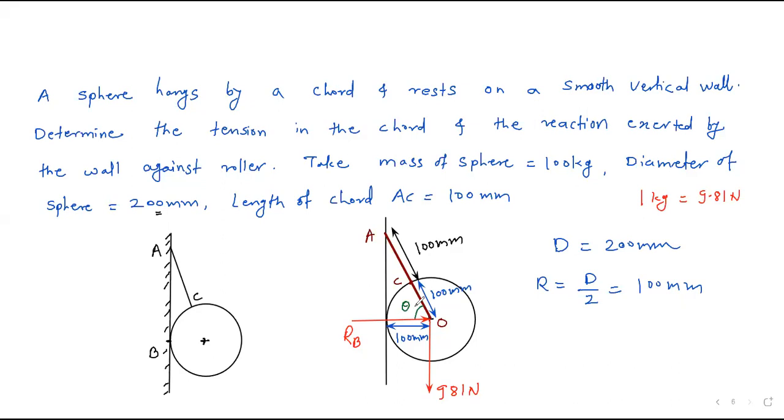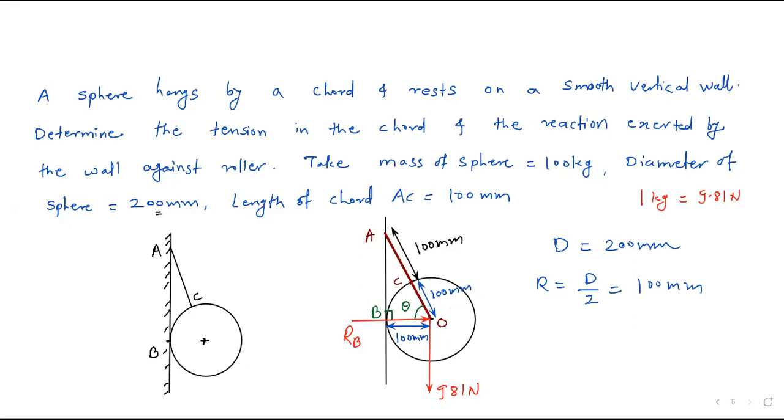If I consider the triangle ABO, this angle is already 90 degrees, and this angle is theta. We know AO: AO is AC plus CO, that is 200 mm. BO is 100 mm. From that, if we use cos theta, then we will get the value of theta.